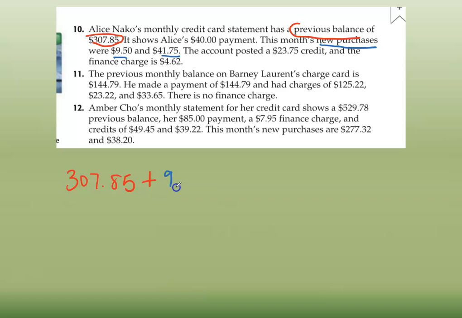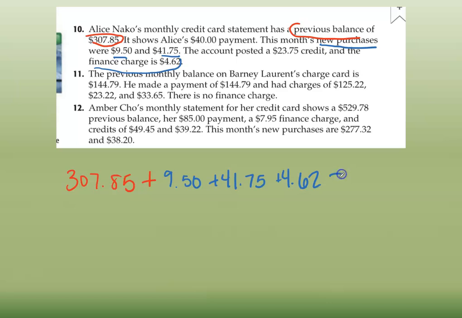So I'm going to do $950 plus $41.75. Then on my formula it says I am going to add finance charge. Ooh, I forgot the finance charge. So finance charge is down here. So you could match the words, if you're not a strong reader, to match that up, is $462.